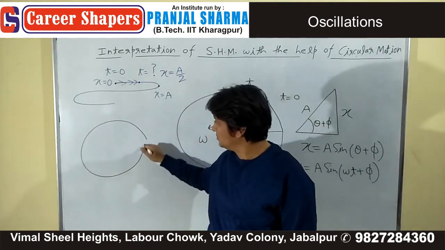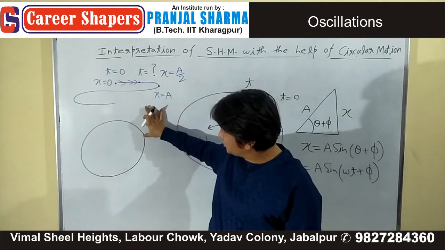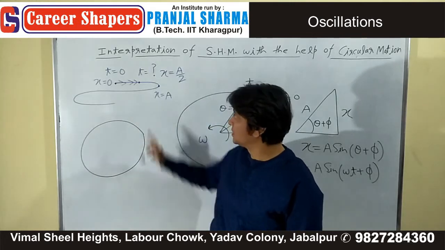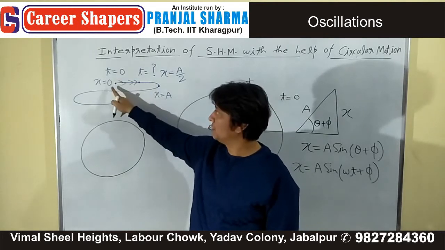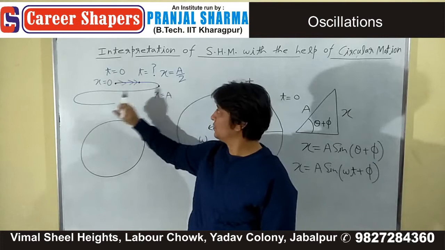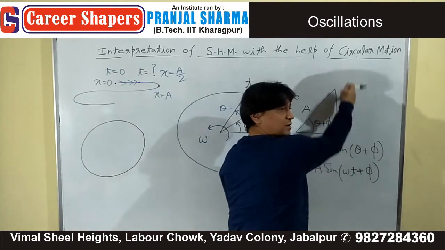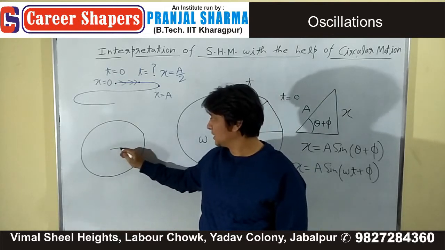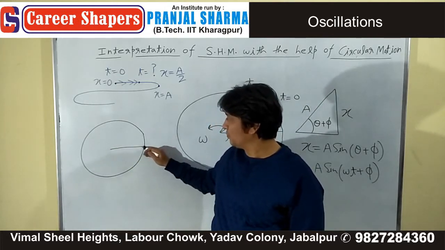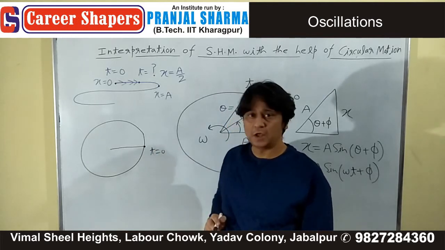This is the rod, and its tip is executing circular motion. We are discussing case 1. Remember, t is 0, x is 0. This figure is equivalent to this figure. So, this is the rod with its initial position, t equals to 0.